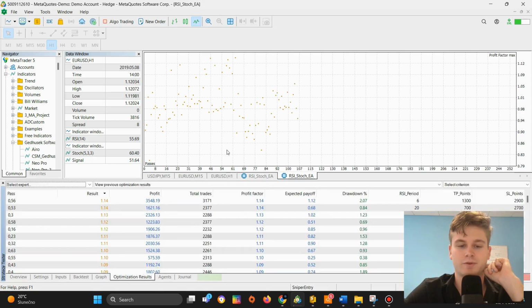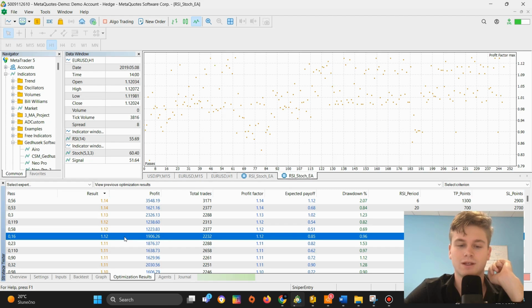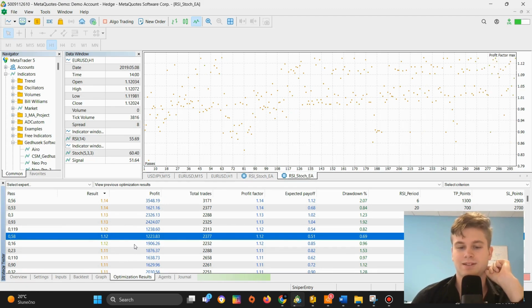For example, if you get good results with 100 positions over the last 5 years, that's not something that you should use. But this is not that good, but it opened over 2,000 positions. So if I would deploy this on my live account, this is the result that is realistic for me. Yeah, so it's not that bad.